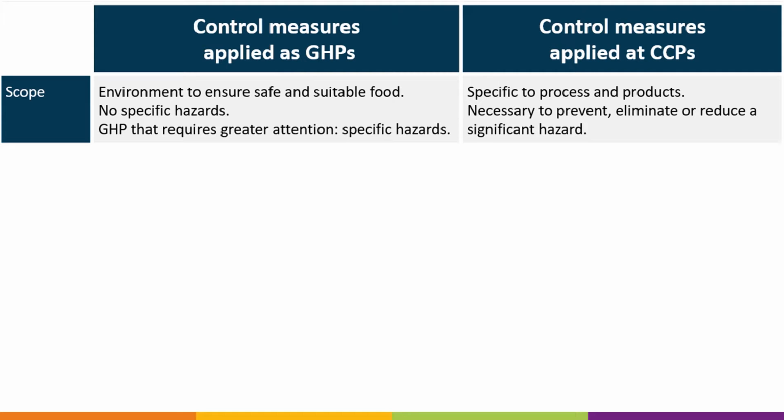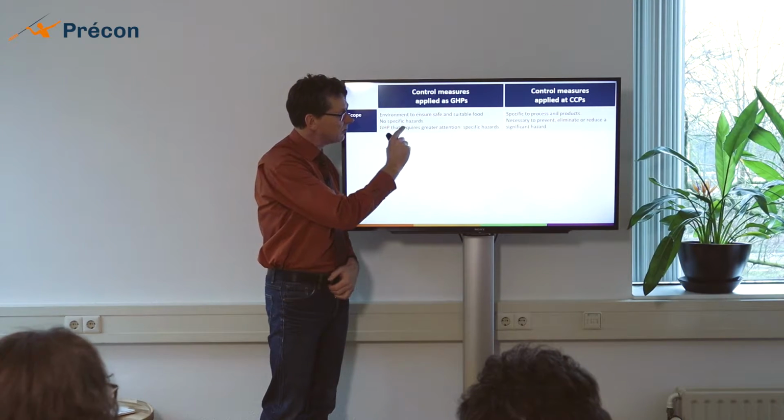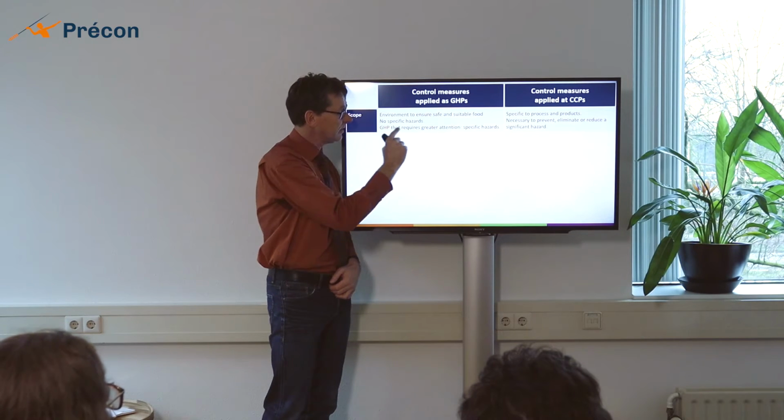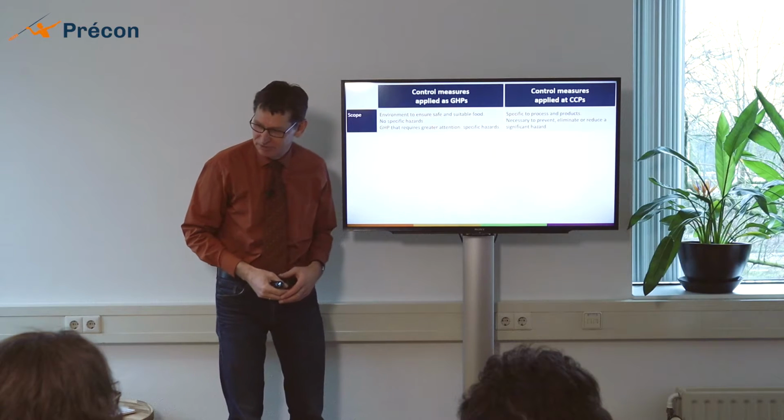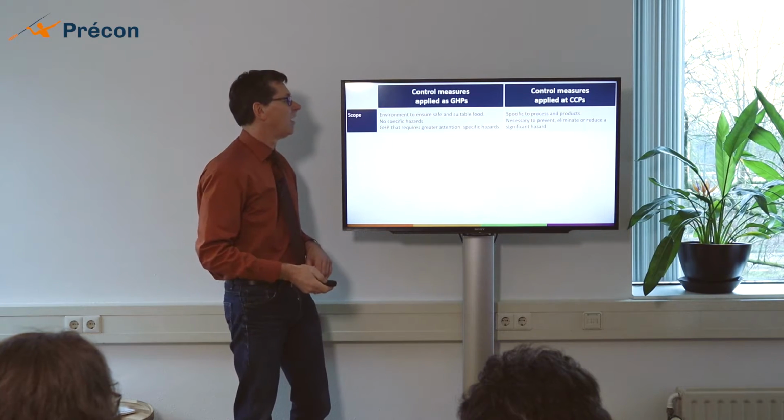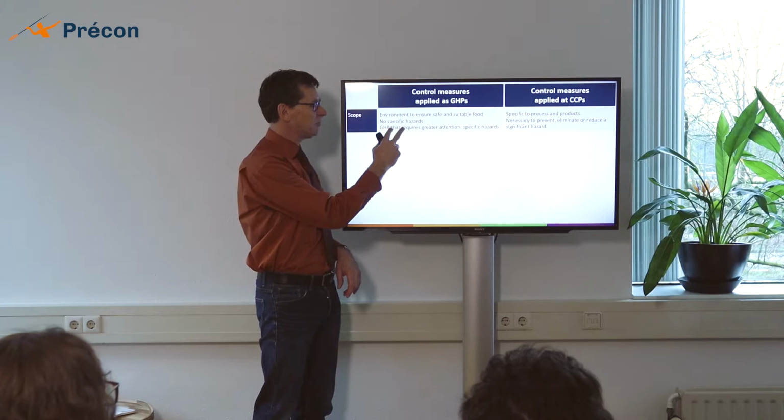But there might be cases that GHPs deal with specific hazards, and in that case we would call that GHP a GHP that requires greater attention. So these type of GHPs are sort of in between GHPs and CCPs.